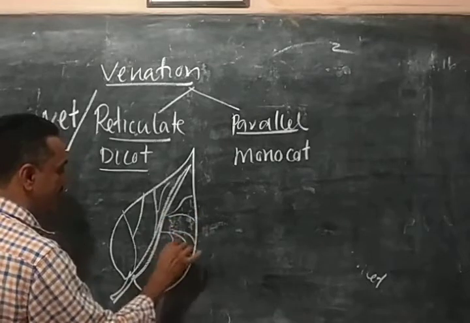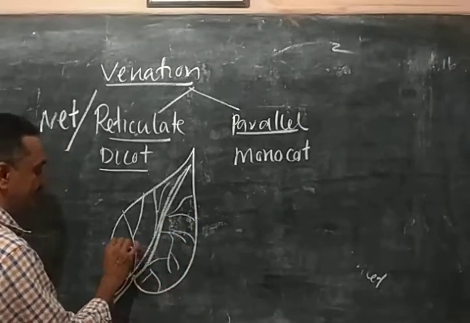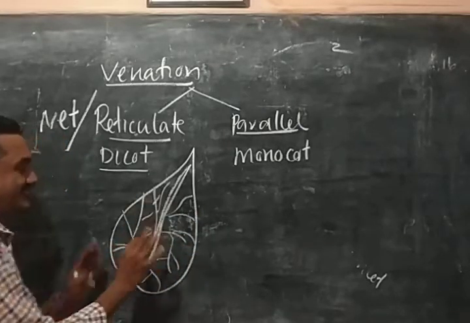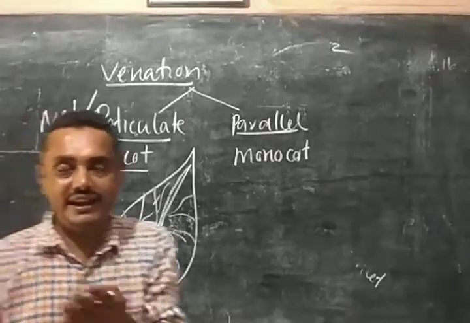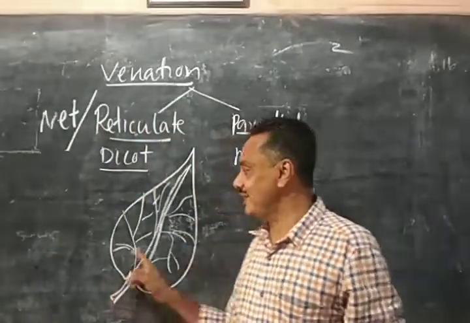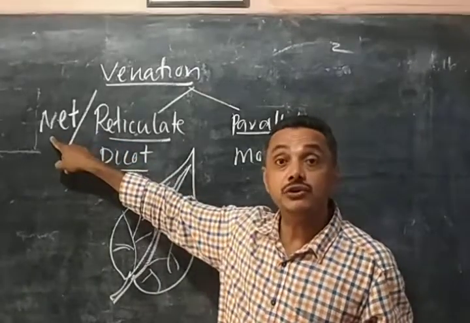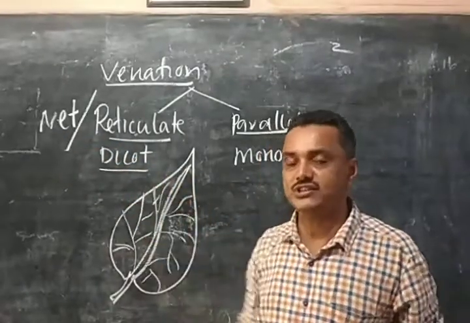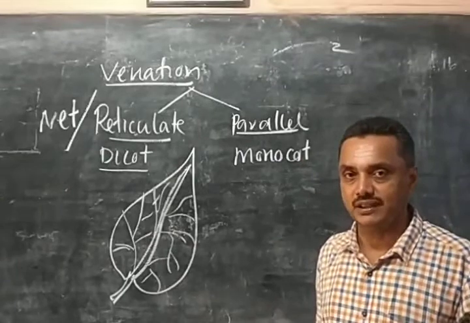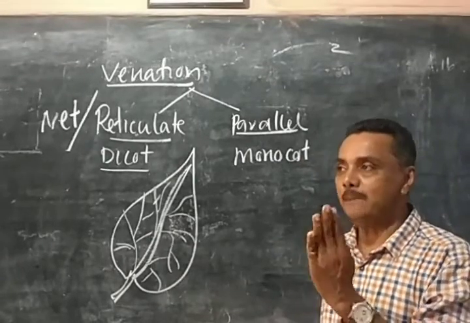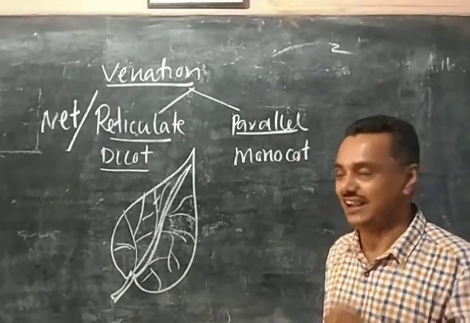Take any leaf in your surroundings and look at the back side, and you can see the veins arranged like a net. It is called reticulate venation.